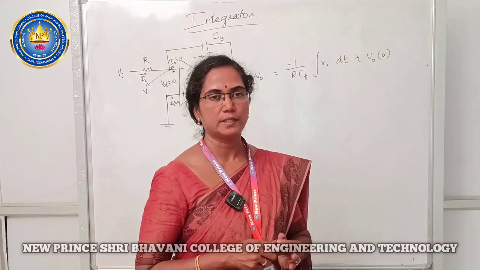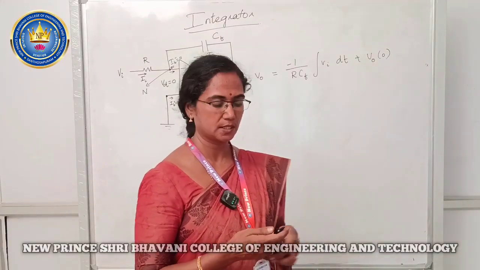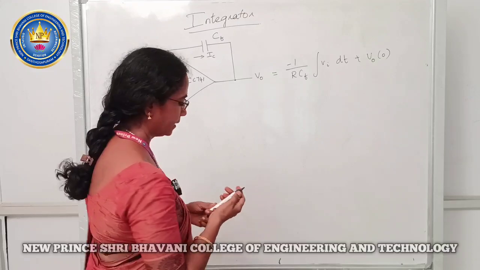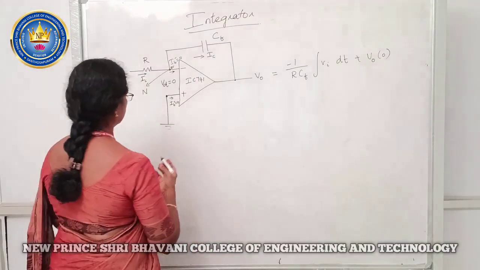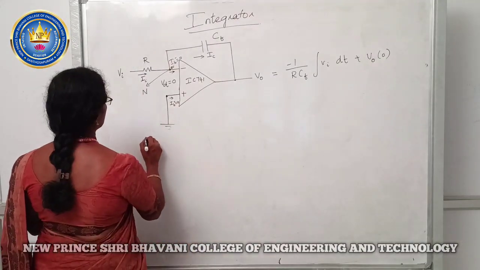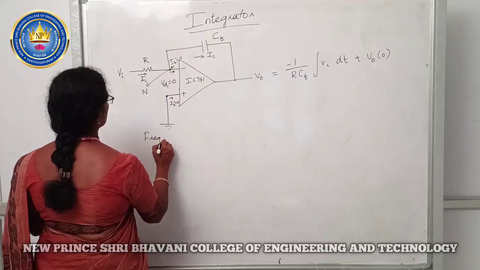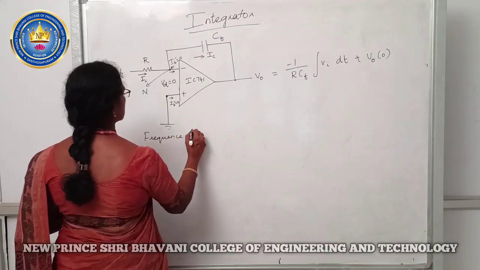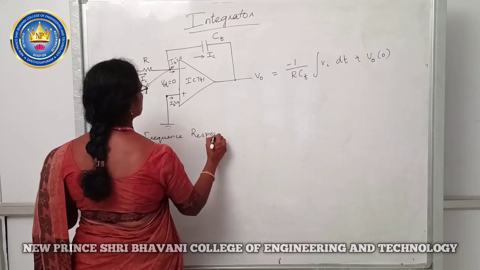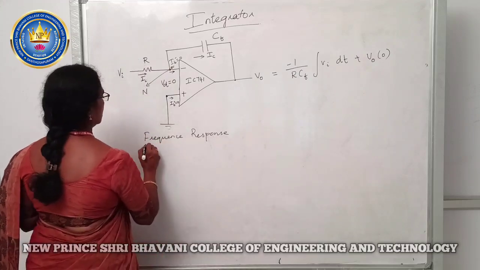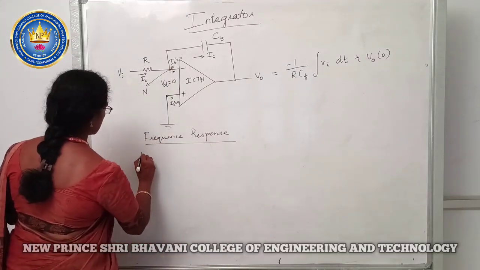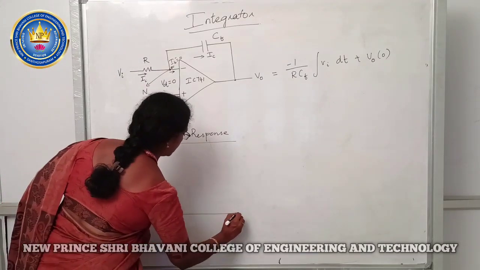Next, we will be seeing about the frequency response of an integrator. So, for the frequency response, in the x-axis we have to take the frequency in range, in the y-axis gain in dB.